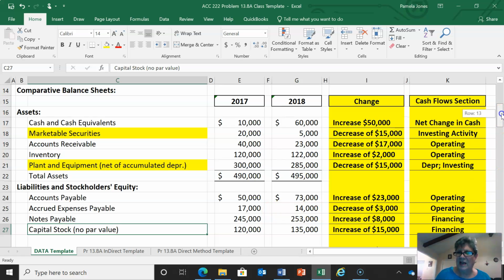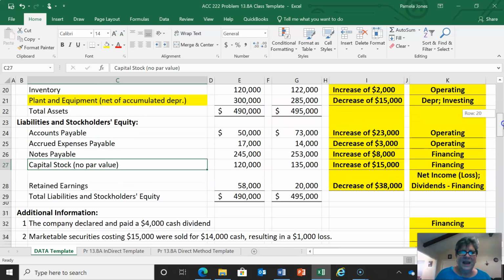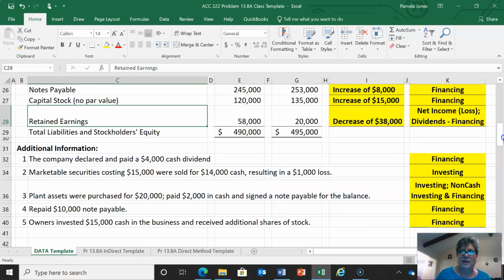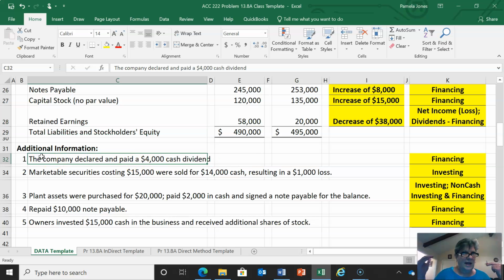That's a financing activity. And we said that any dividends that were paid that affected retained earnings would also be a financing activity. So we go back down here to our additional information, and this is where we're going to see an explanation for some of the changes that we didn't quite fully explain in the balance sheet. And again, I'm logical sequential, so we'll start with number 1.